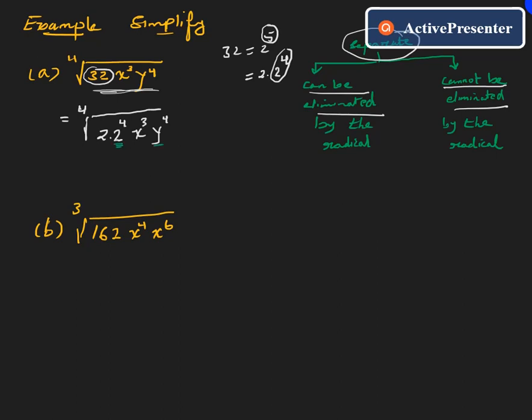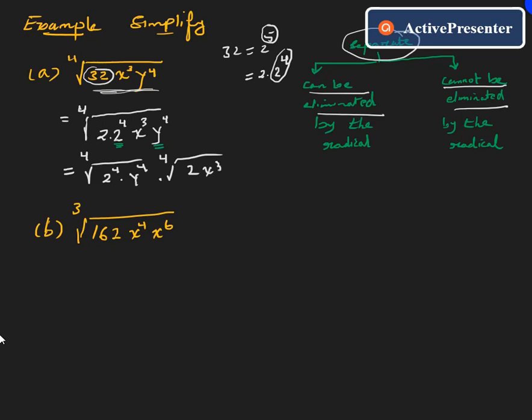The second part is this, y to the power 4. And the other parts cannot be eliminated. So, if we put these two together, this is equal to the fourth root of 2 to the power 4 multiplied by y to the power 4, also multiplied by the fourth root of 2 multiplied by x cubed.